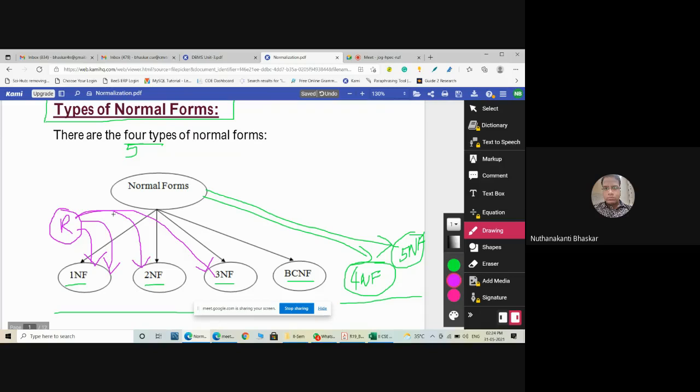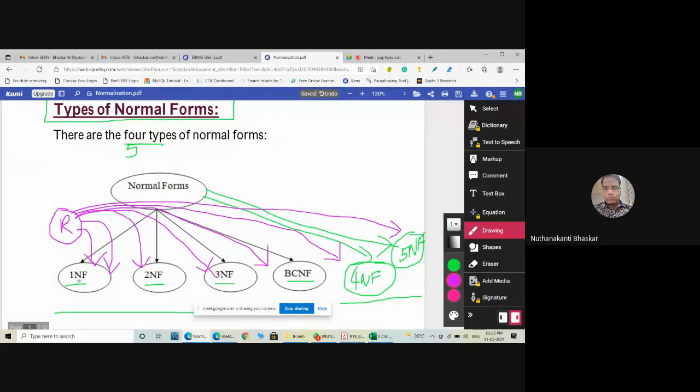Here we need to check that the particular relation satisfies all the normal forms, then you can say that the relation has avoided the redundancy. Don't think you can directly apply the fifth normal form to the relation. No, you need to check step by step. First, check whether the given relation is in first normal form or not.